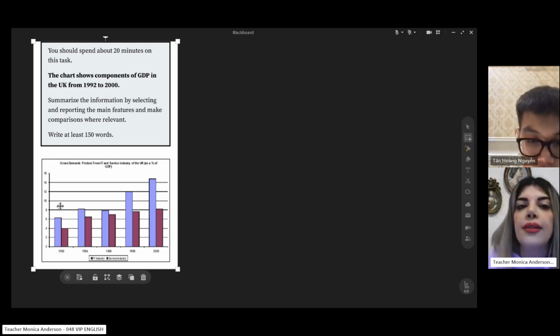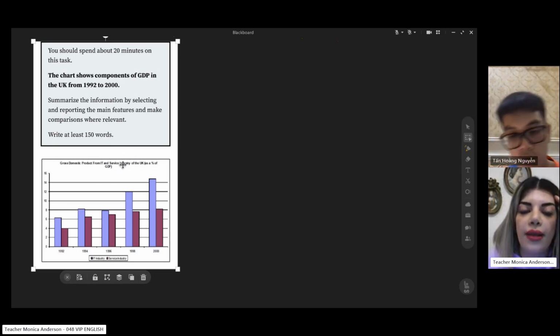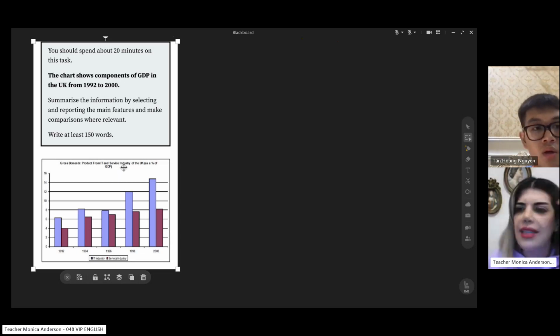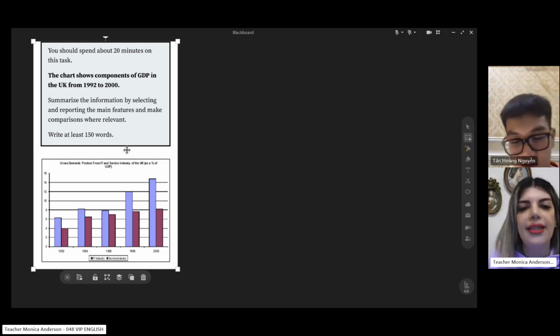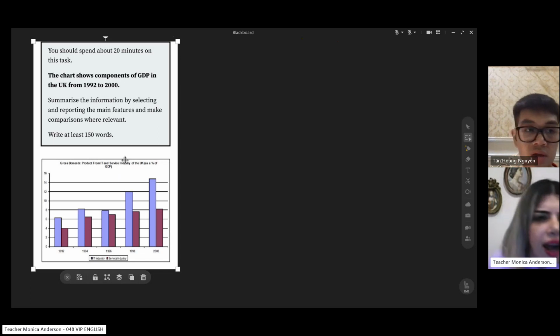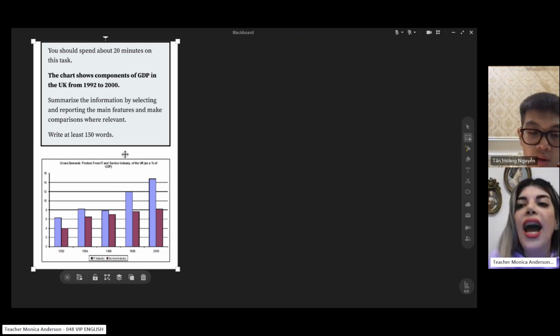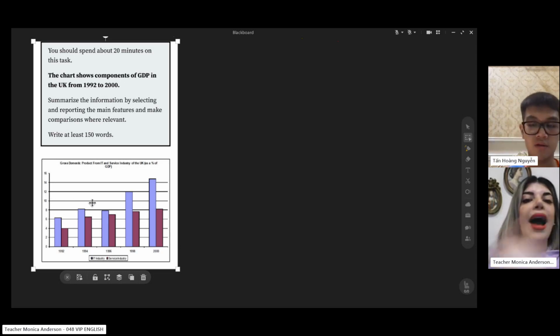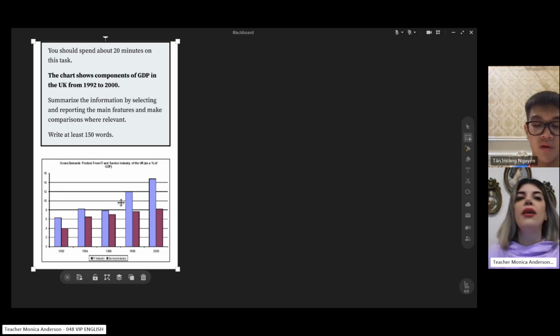But this one, the purple one, I'm not sure if it's blue or purple, I think this is IT. But IT remained at a higher rate throughout this time. This is your overview and finish.